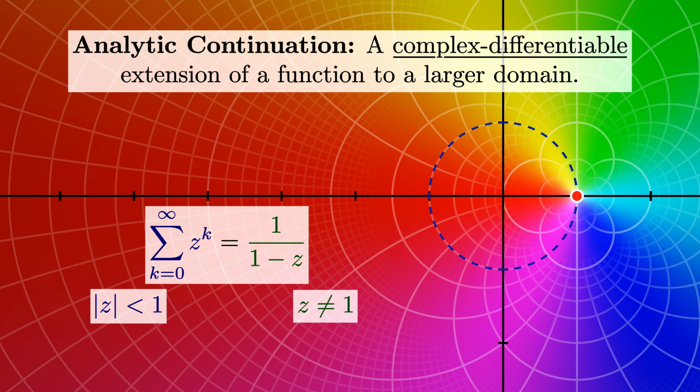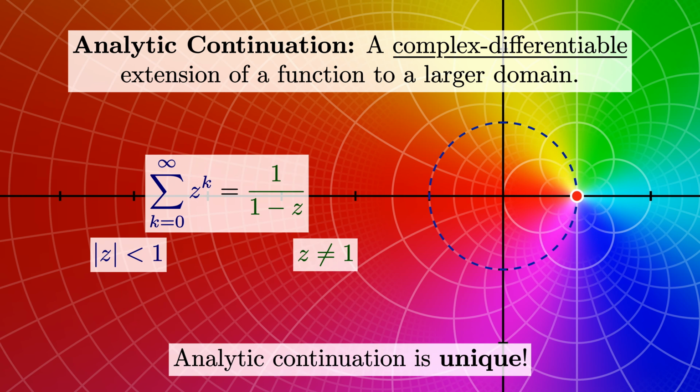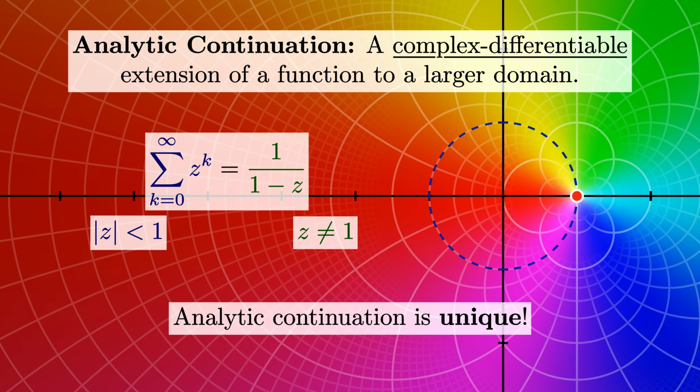So rigid, in fact, that there can only ever be one analytic continuation of a function to a given domain. I know that seems too good to be true, but it genuinely is a proven theorem. Analytic continuation is unique. So if I talk about the analytic continuation of this infinite sum, I can't be referring to anything other than the function defined by 1 over 1 minus z.